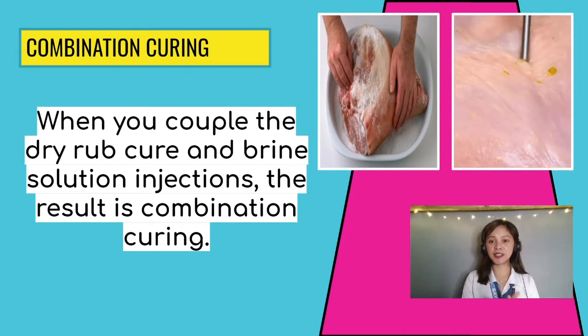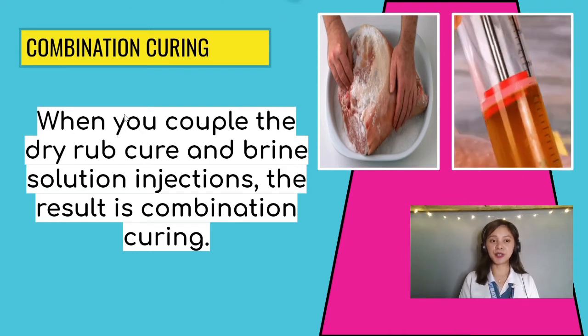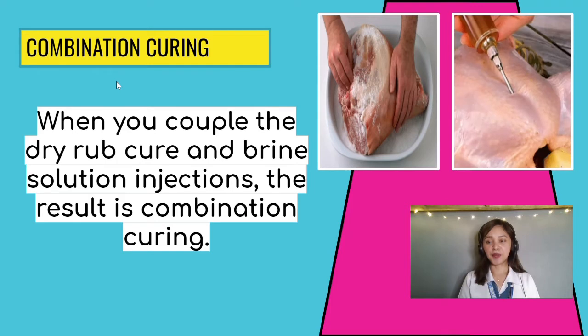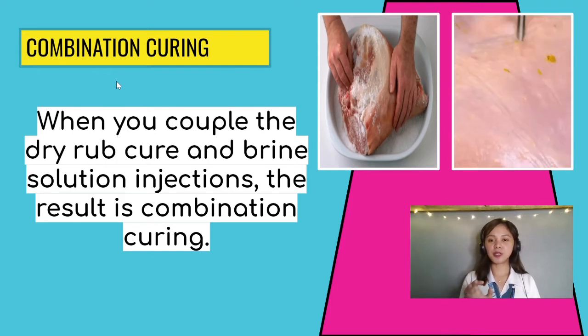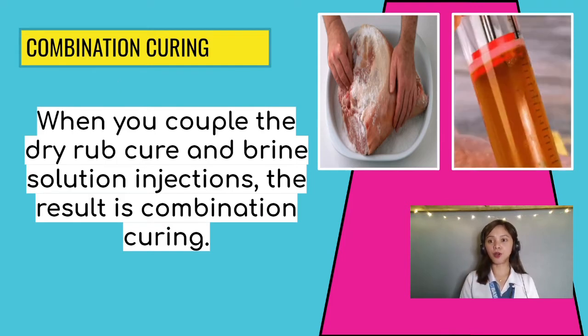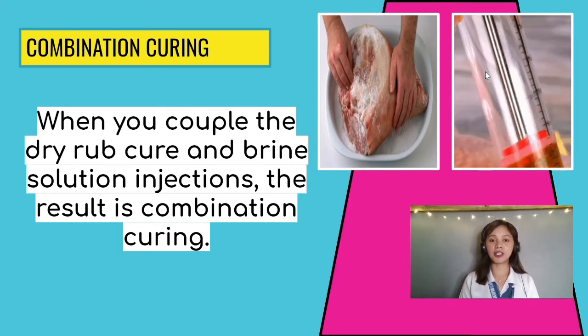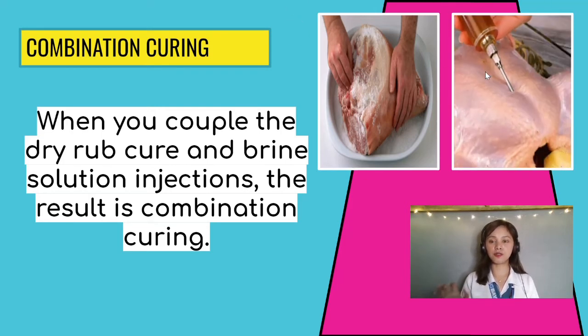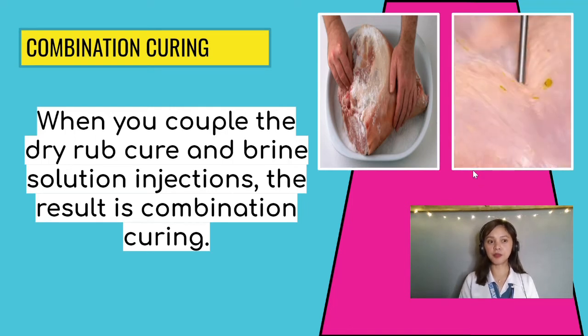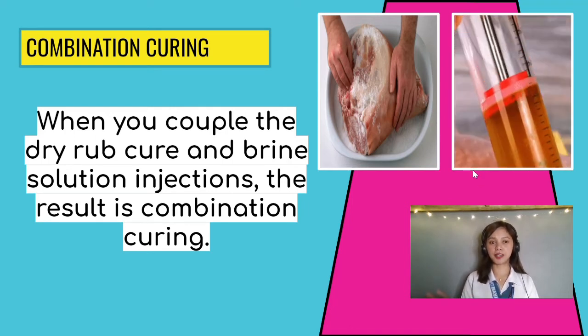Those meats are being cured in the combination curing because the taste of the meat is not just from the outside but also from the inside, because they are injecting solutions inside of the meat. So, any more question about combination curing?